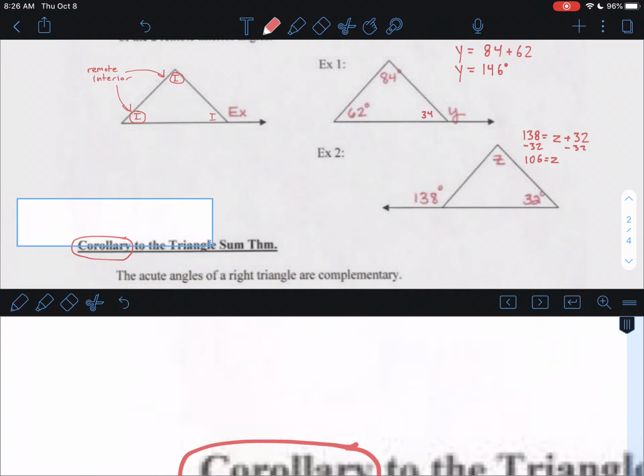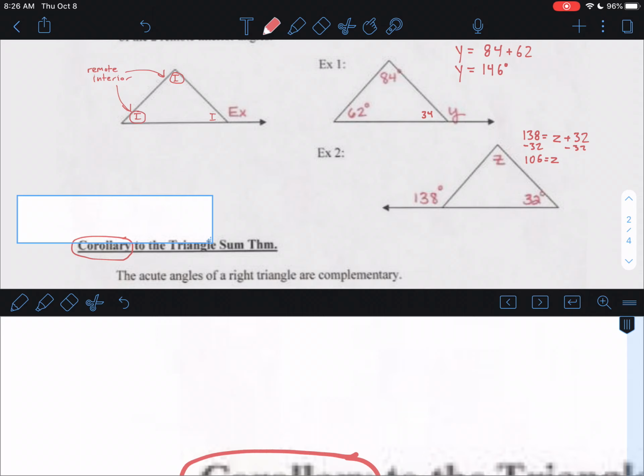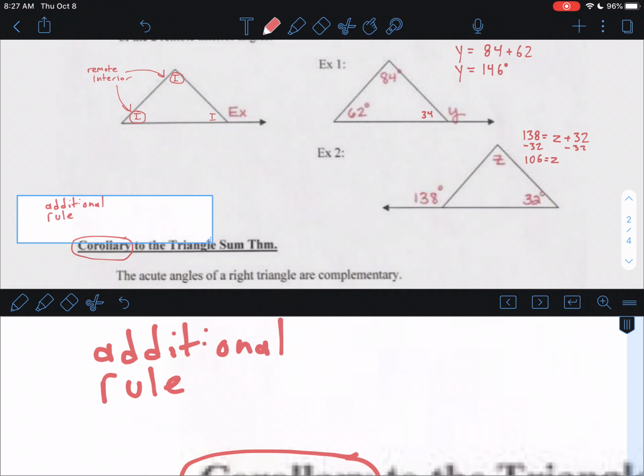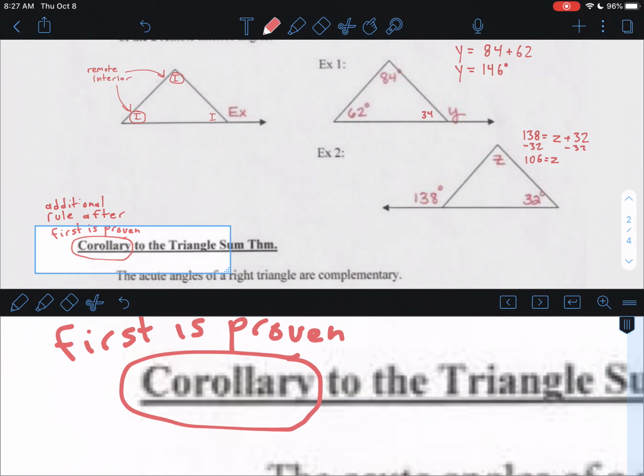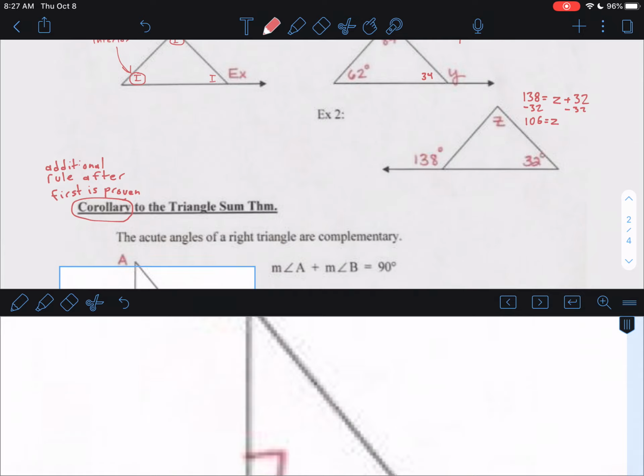So a corollary is just an additional rule after the first is proven. I already went over the definitions of theorem and postulate. Now we have corollaries, and a corollary is just an addition, pretty much.